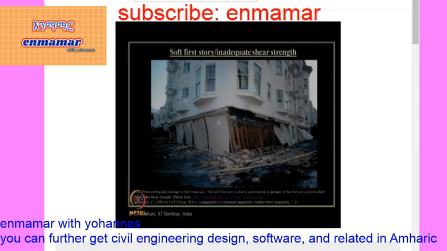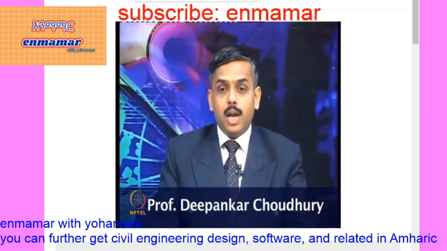This is the picture after the Loma Prieta earthquake in San Francisco. The soft first story is due to the construction of garages in the first story and the resultant reduction in shear strength. So this is the photo taken from this site on this date. With this we will stop our lecture today. We will continue further in the next class.